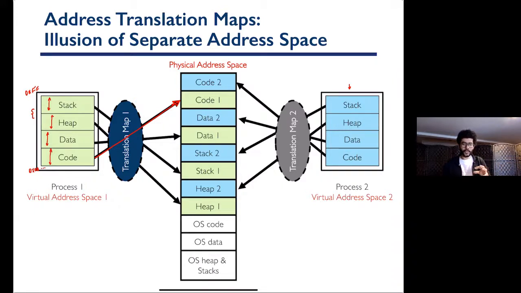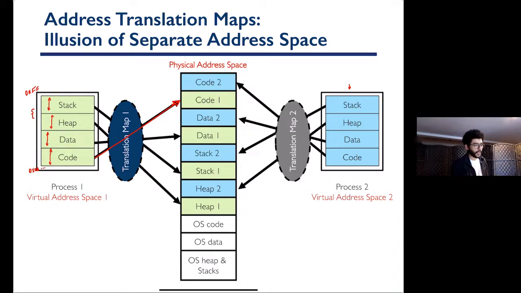However, when they're mapped to physical memory, they could each go to some arbitrary place in physical memory. So your addresses don't need necessarily to be sequential when they go to physical memory.